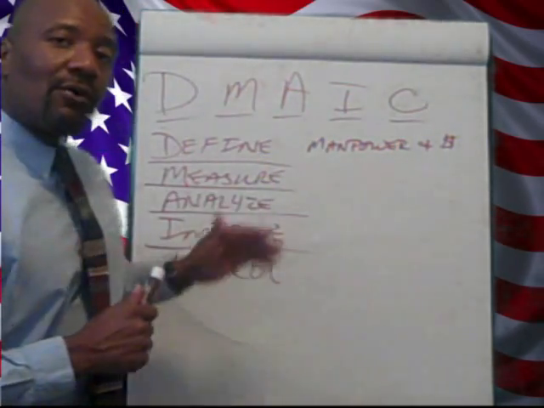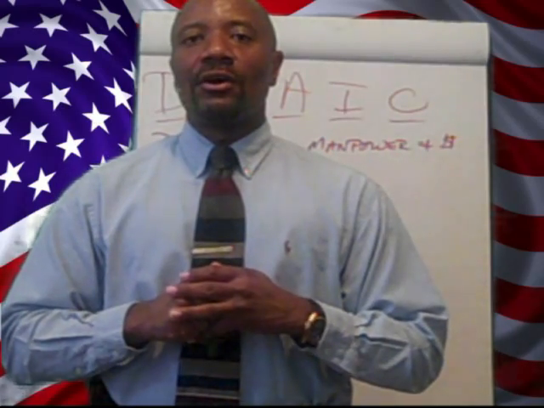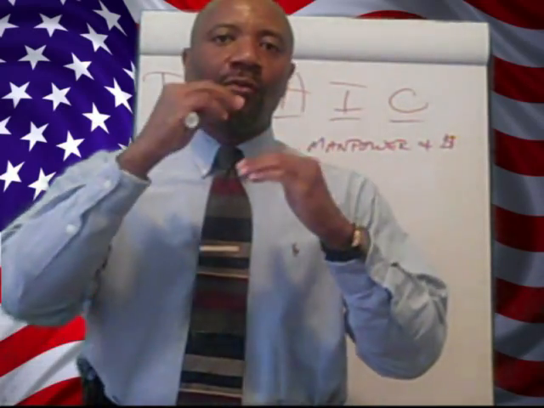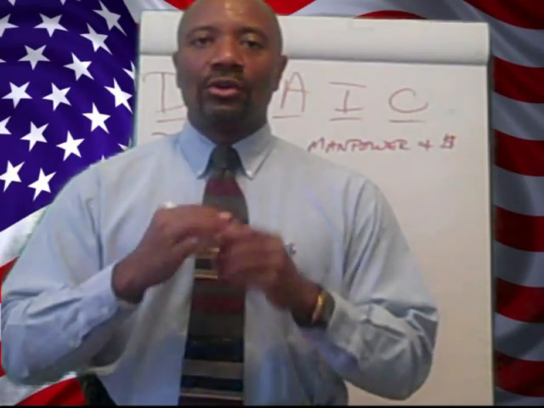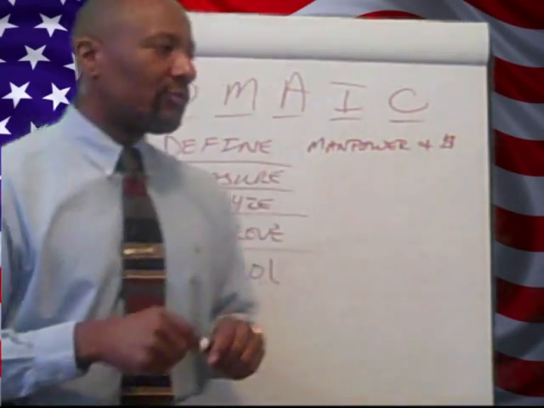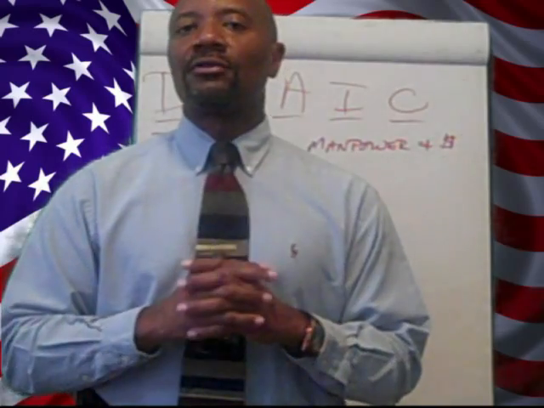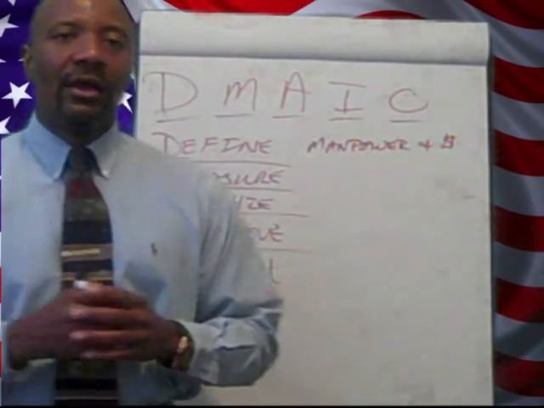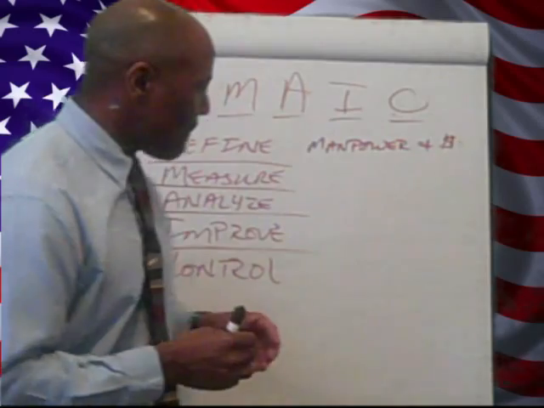Once we confirm that those things are indeed the areas we need to be focusing on, and we get some idea of how we need to perform in order to better control those factors, then we will move into the control phase and say, okay, these are the things that we identified in the improve phase that need to be done in order to get our process to work the way we want it to.